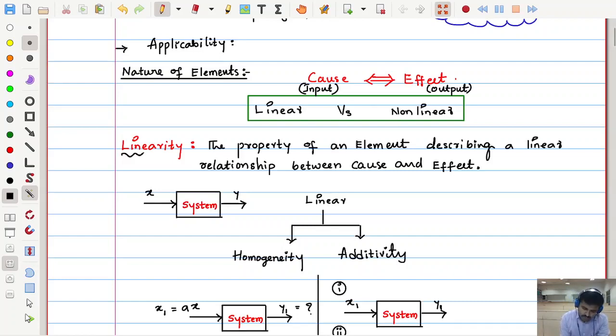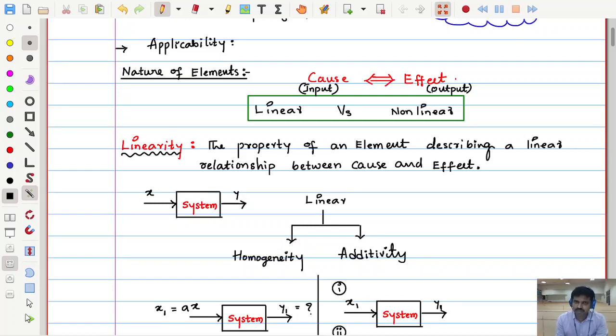So the linearity property states that the relationship between the input and output is a directly proportional relationship. Then we can say that the system or the element is linear. Here input means cause, and output means effect.